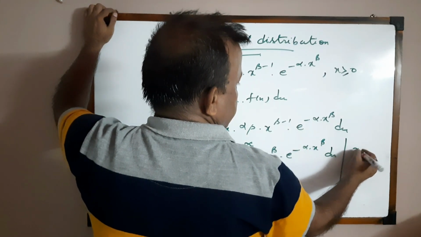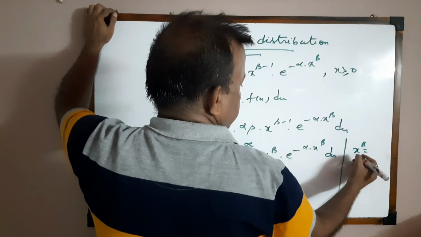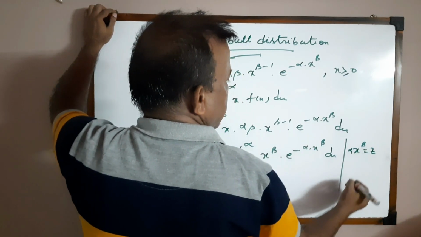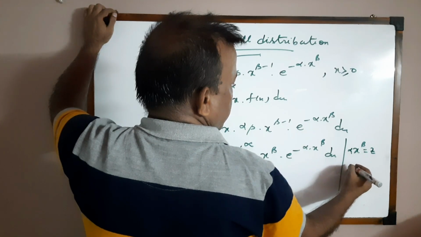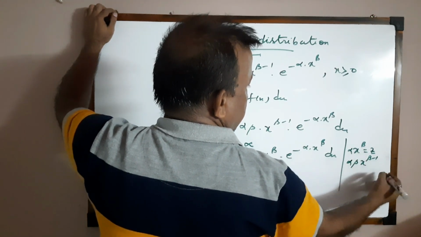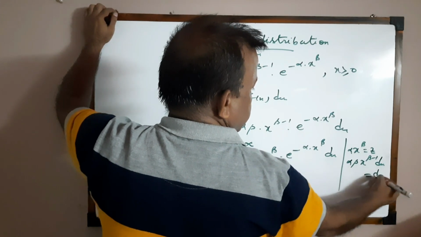Now we put alpha into x to the power beta equal to z. Therefore alpha beta into x to the power beta minus 1 dx equal to dz.